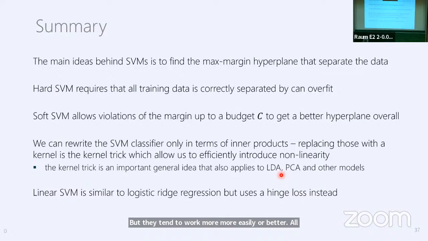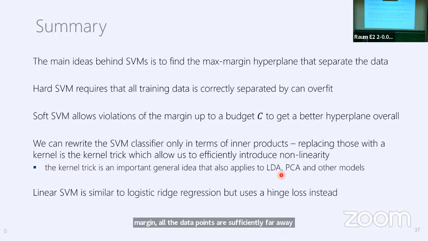All right, we're almost at the end. Today we discussed support vector machines, where the main idea is to find a classifier that has some margin around it, such that you're not overfitting to the data points, but you're ensuring that all the data points are sufficiently far away from the margin.